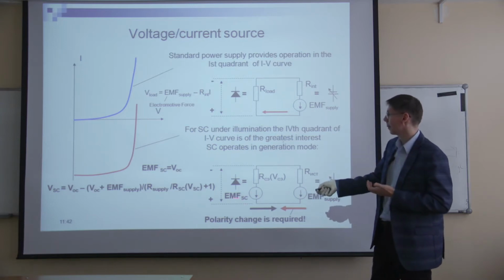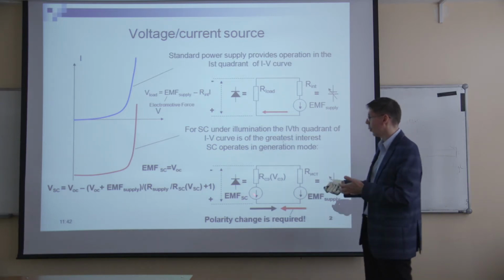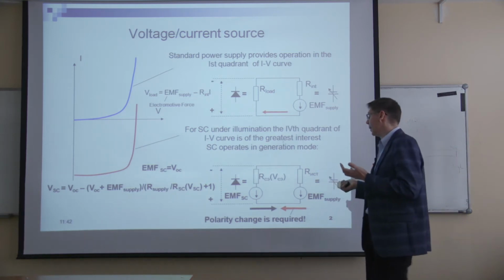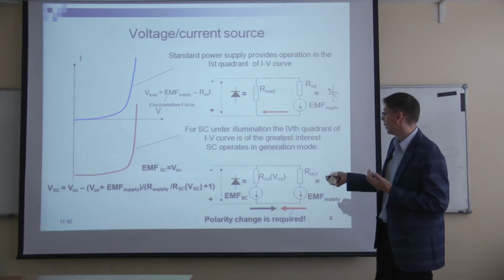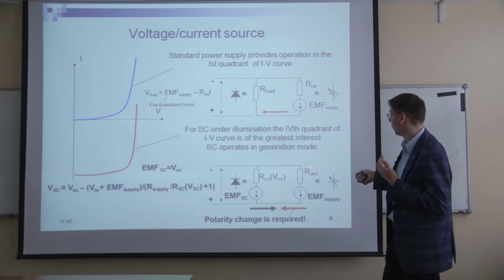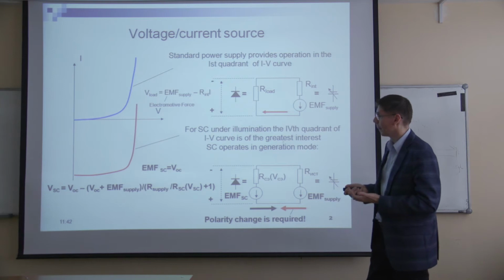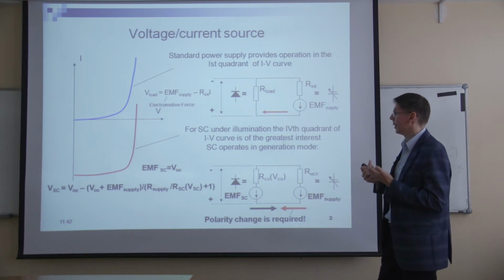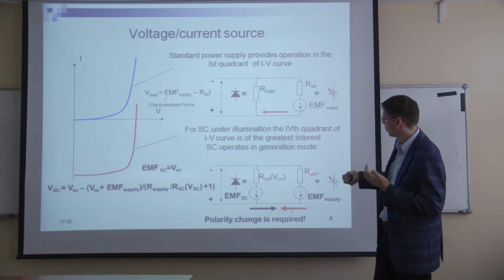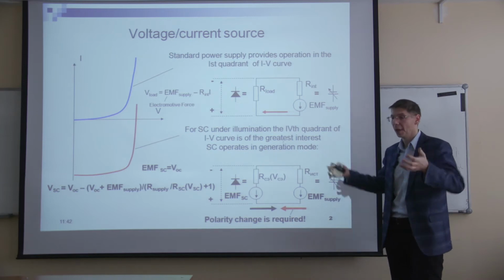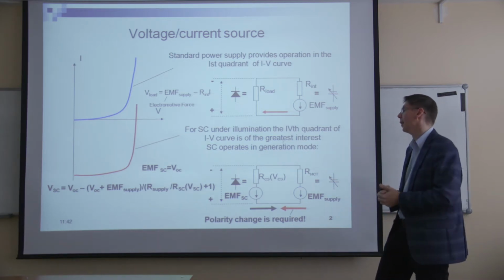Actually, the electromotive force for the solar cell is the VOC voltage, and then the internal resistance of the solar cell and of the power supply. For the power supply, the internal resistance corresponds to its power. So the higher power you have, the lower resistance you have.